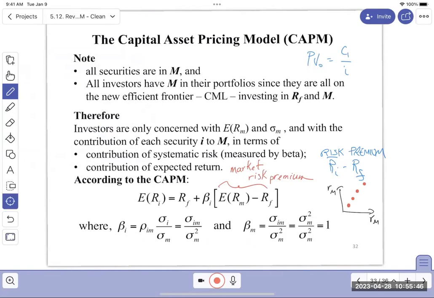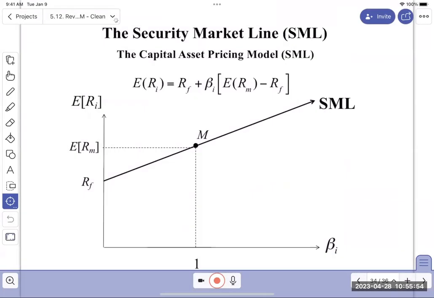So let's plot in a new coordinate plane. We're going to look at risk and return, but for the asset. So that's what I have here. The risk of the asset in terms of the beta of the asset. This is our measure of risk, and this is our measure of return. And here we have the capital asset pricing model. All assets in the market, given our assumptions and the theory, will fall on the security market line, it's called.